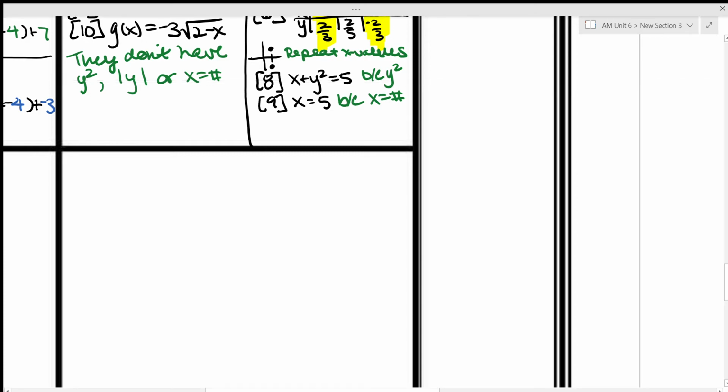Okay, so for domain, it's always all reals unless you have these two situations that can come up.